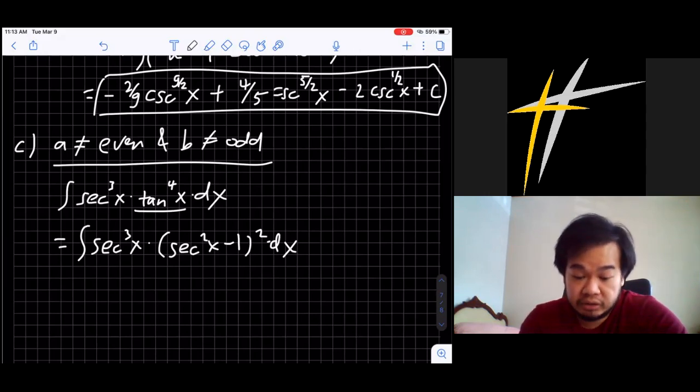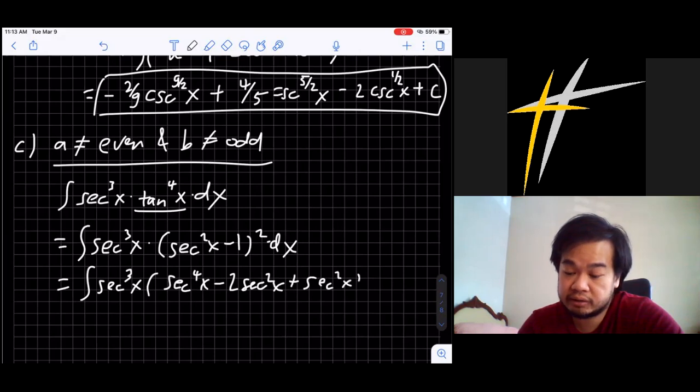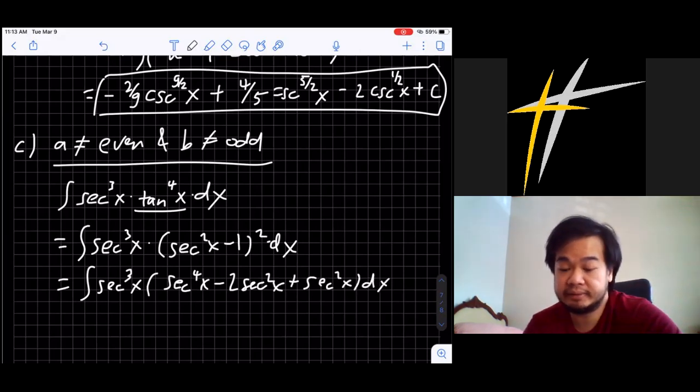Yeah. So it's equal to integral secant power of 3 x, and then if I expand this, it's going to be secant power of 4 x minus 2 secant square x plus 1 dx. Yeah. I mean, sorry, plus 1.